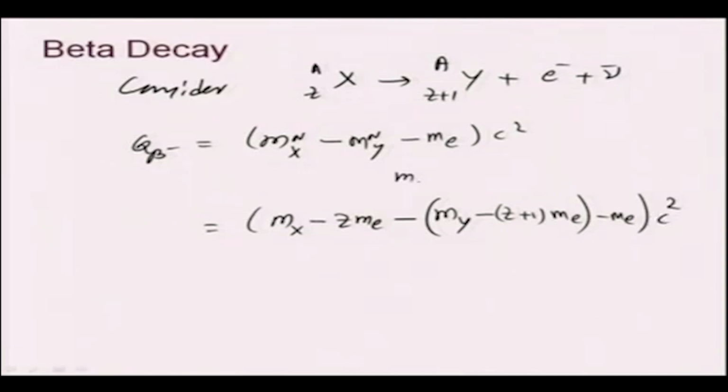So, m x n and m y n are nuclear masses. M x and M y without the superscript n are atomic masses.